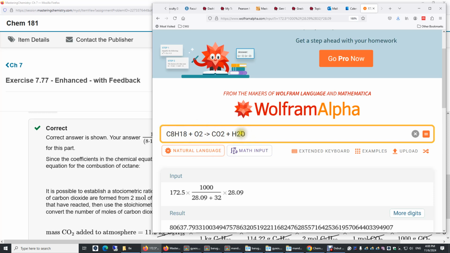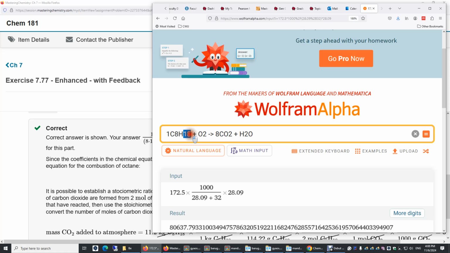I look at this equation, I find the most complex chemical and put 1 in front of it, temporarily. And then I have 8 carbon atoms on the left in total. I'm sure about that. So this has to be 8, right?